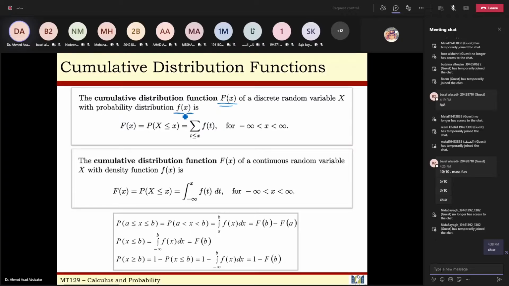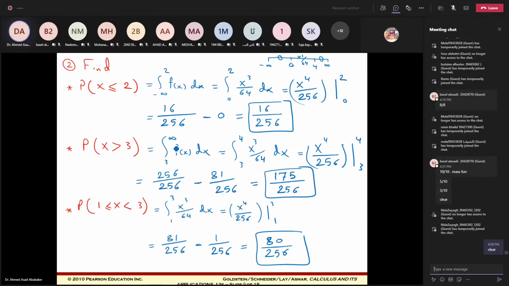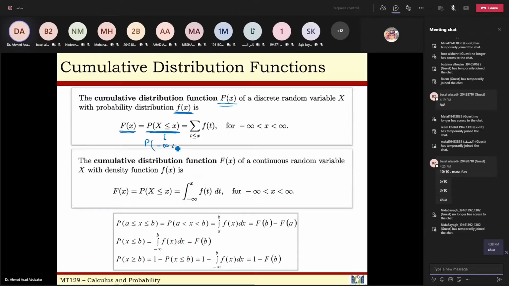For probability function f small. f of x we already have, but what does F capital of x mean? This means find the probability from minus infinity to small x.